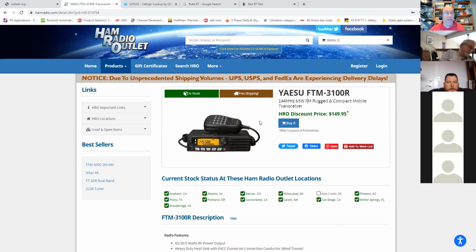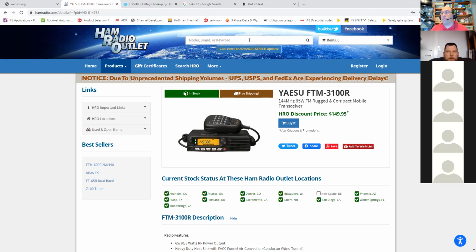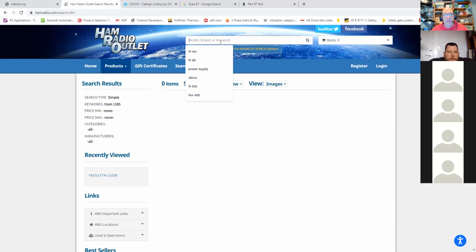I've had mobile rigs in my car that went all the way down to 10 below zero, and in the summer in the car, it was 155 degrees. I've never had a lick of problem with any mobile radio I've ever had, because they're designed for that. And for an antenna, it would just be something like this. You could have a permanently mounted antenna, but let's see.